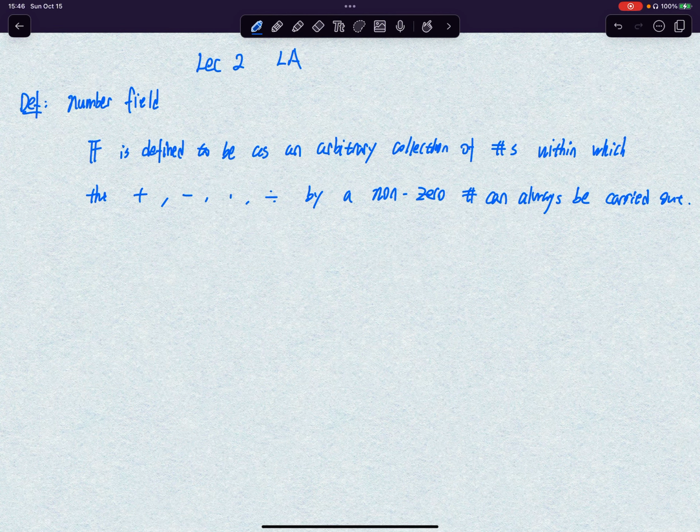And in our discussion, without any specific mention, we shall always assume that F is a number field.